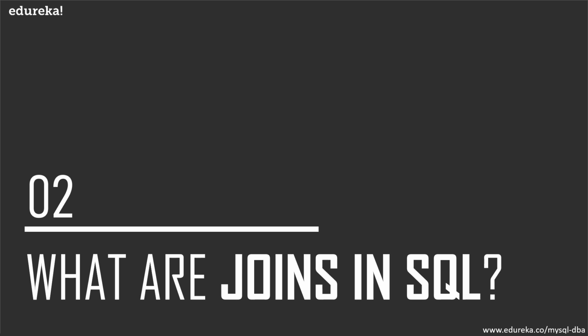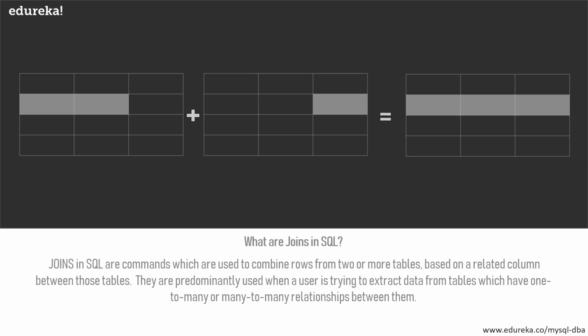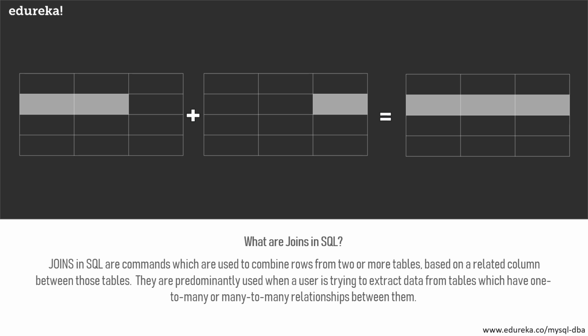So on that note, let's get into the next topic for today's session, that is, what are SQL joins. Joins in SQL are commands which are used to combine rows from two or more tables based on a related column between those tables. Joins are predominantly used when a user is trying to extract data from tables which have one-to-many or many-to-many relationships between them.